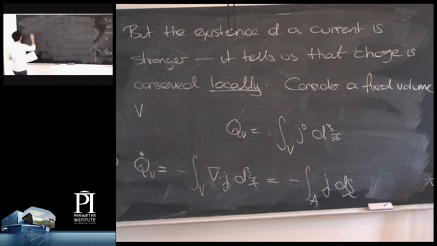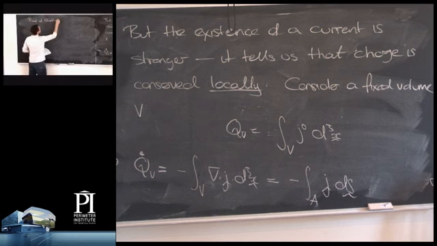Okay, let's prove this. So the first thing we'll do is we're going to take our symmetry, something like a rotational symmetry moving from here to here, but we're going to work infinitesimally.